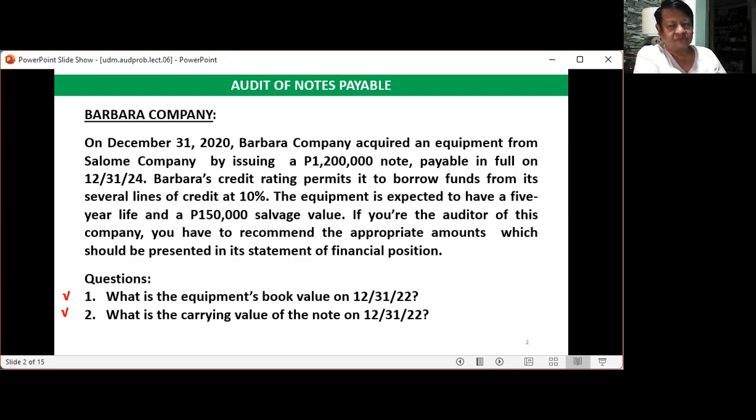So if you know how to compute for the present value factor, you can do it using your manual calculator. And if you do not know how to compute, you can use the present value factor table. So it is very clear in this problem, we will compute for the present value of the 1,200,000 pesos promissory note in order to arrive at the value of the equipment we are purchasing.